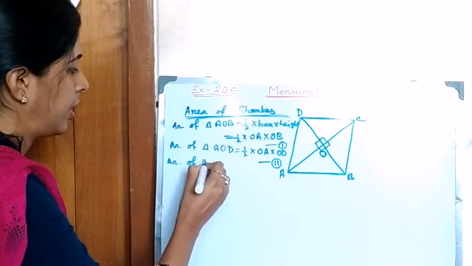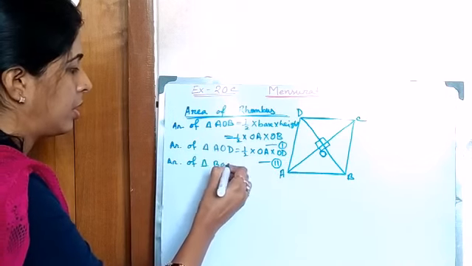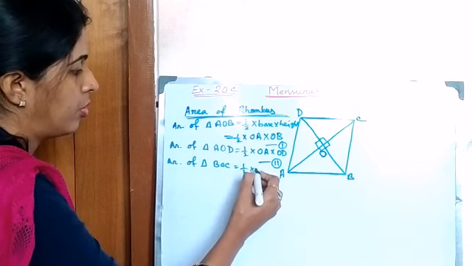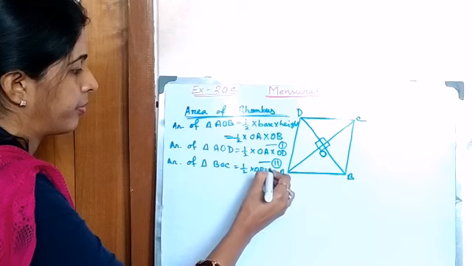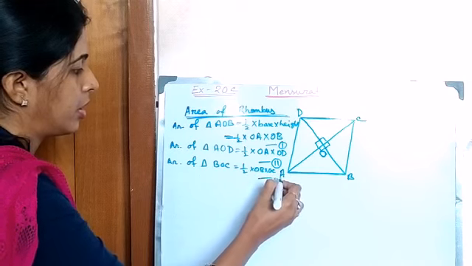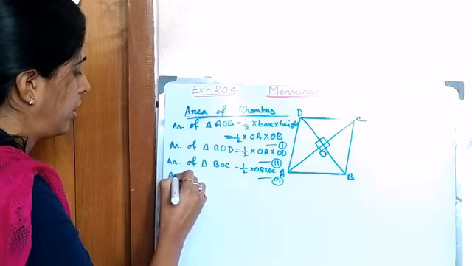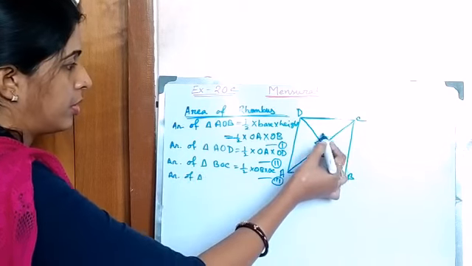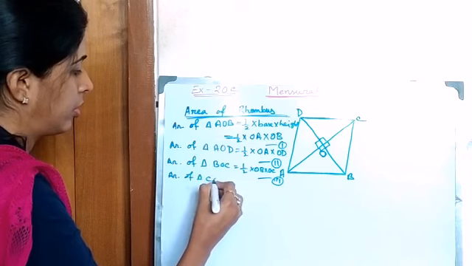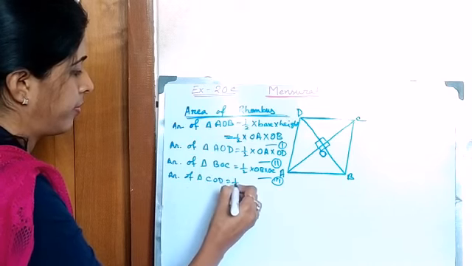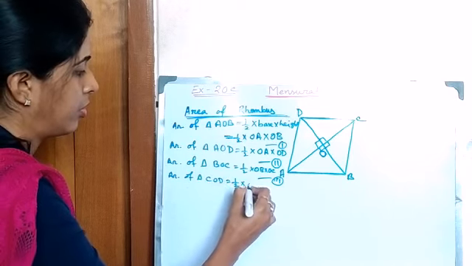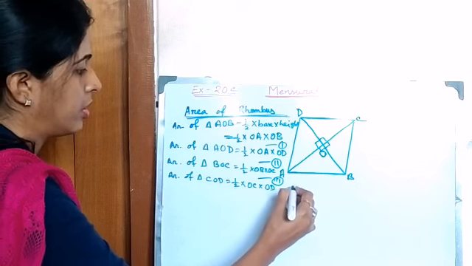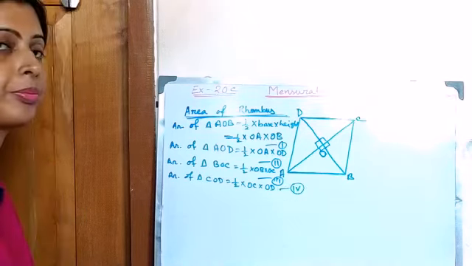Now the area of triangle BOC is half into OB into OC. This is number 3. Now the area of triangle COD is half into OC into OD. This is number 4.